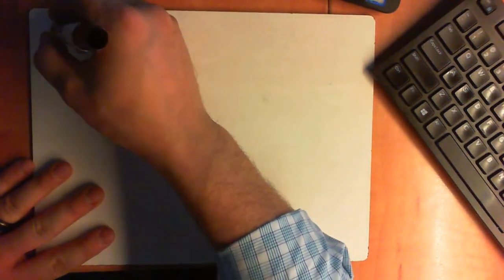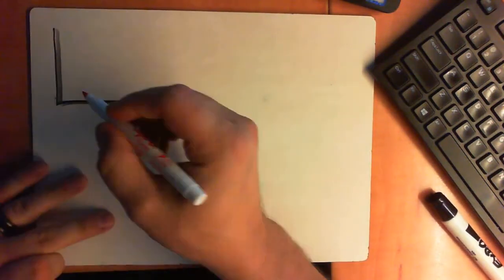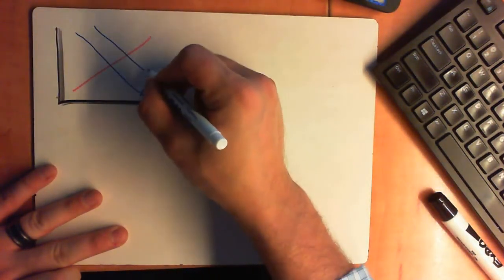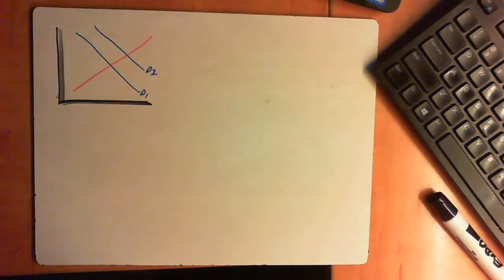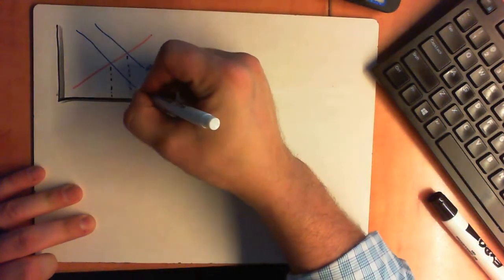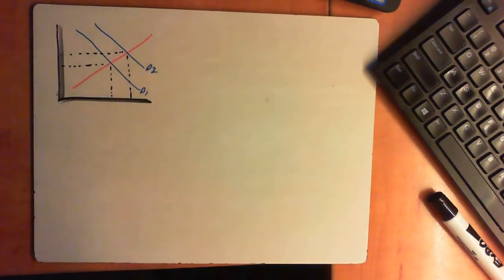So if you're given this diagram on the left here, you have some supply, you have a D1 and then a D2. They went from some quantity here to some quantity here, at some price point here to some price point here. How would that affect a representative firm?